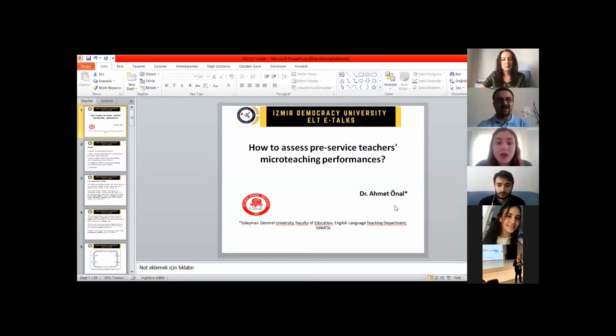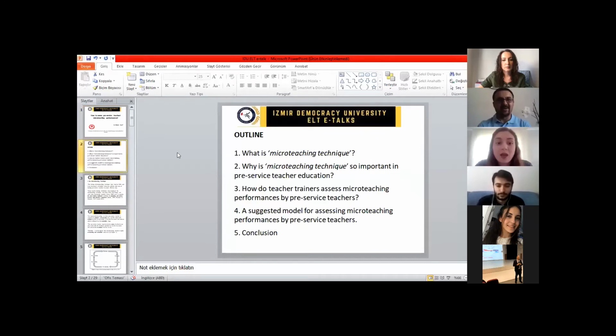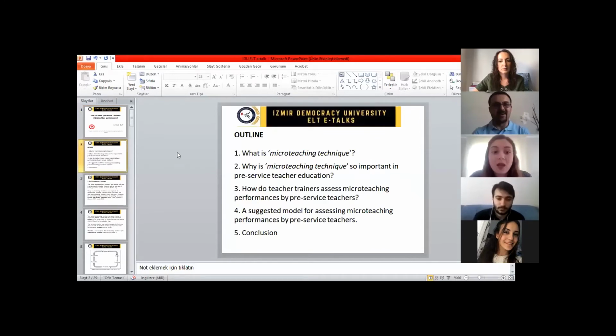If you have a look at my outline, first I will briefly describe the micro-teaching technique, and secondly I will have a small talk about its importance in ELT departments. Then I will talk about how teacher trainers traditionally assess the pre-service teachers' micro-teaching performances. And finally, I will try to suggest a model for assessing the micro-teaching performances.